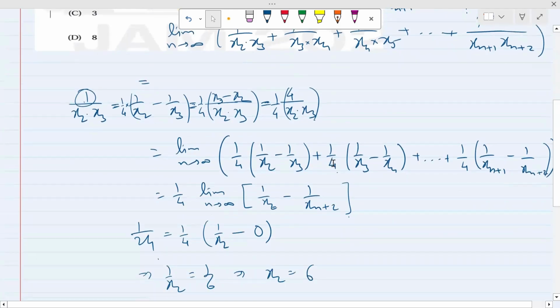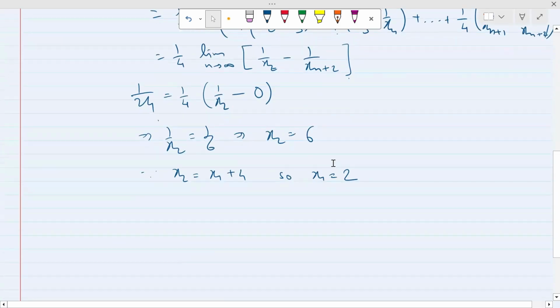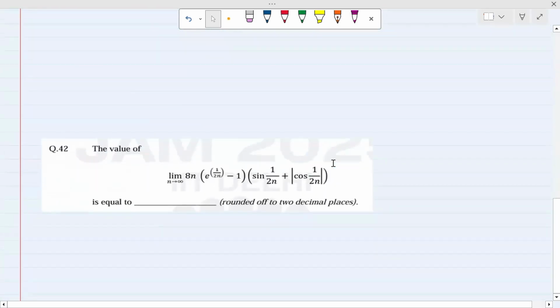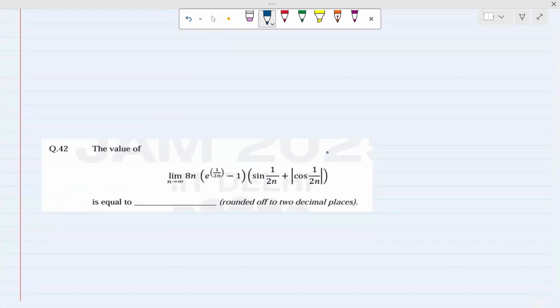Okay. We have just solved one problem. This is also a problem from last year's paper, that is 2025. We want to find the value of this limit.